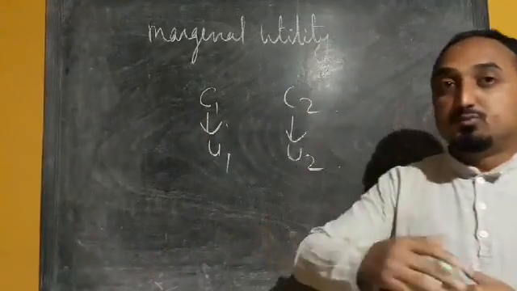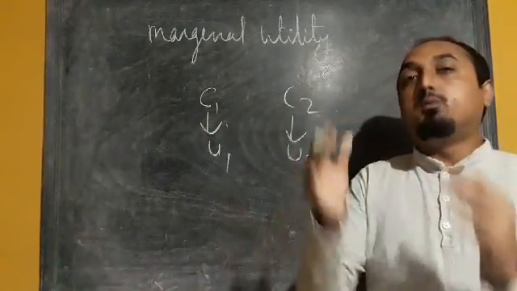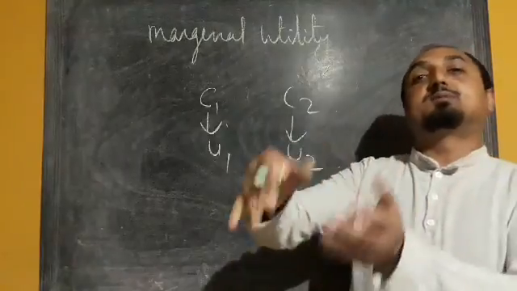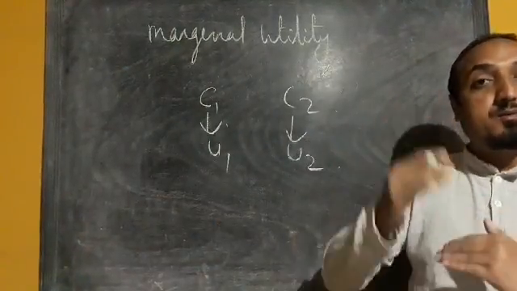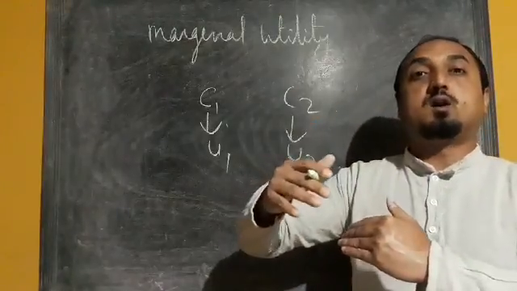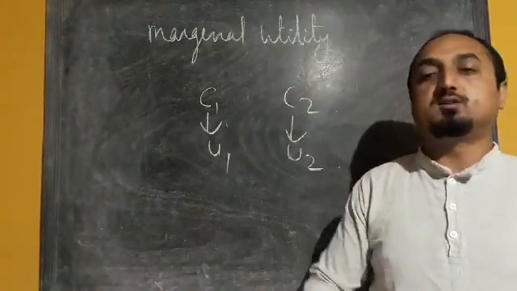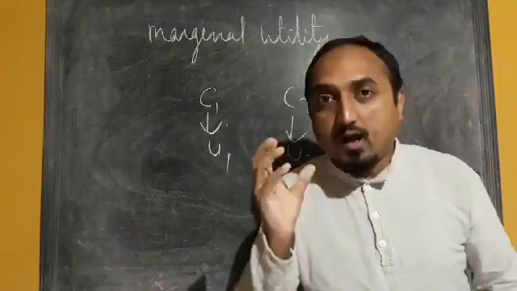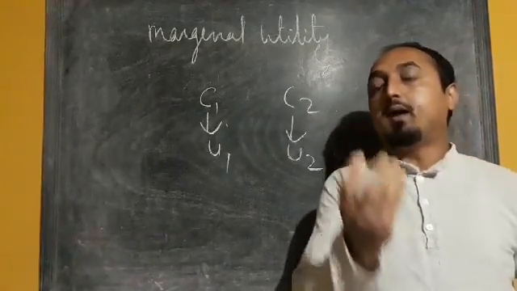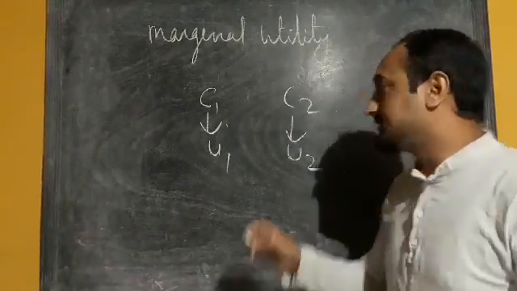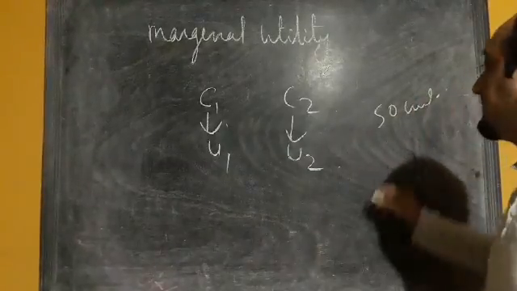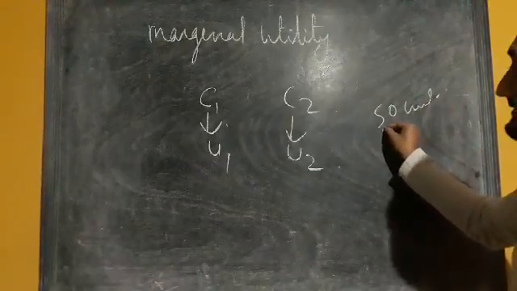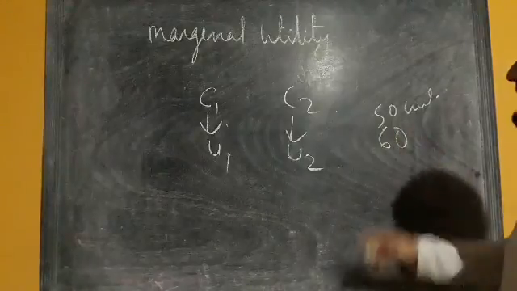So when we consume more and more units of commodity, we will get a different level of satisfaction from each unit of commodity. So when we are moving from second to third unit of any commodity, suppose you are consuming an apple, first unit of apple, you are getting, suppose satisfaction 50 units, and when we consume the second unit, suppose you are getting 60 units, so total is 60.